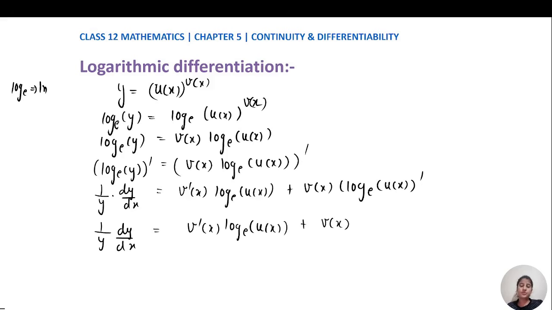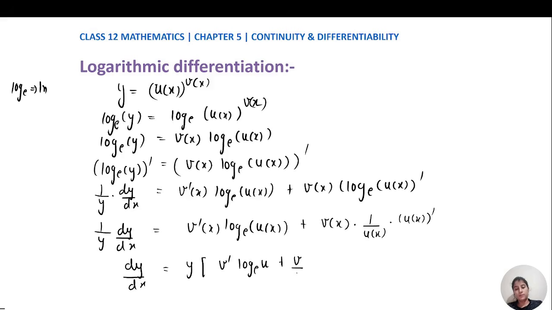Now differentiate by using the chain rule. With the chain rule, we first differentiate log u of x with respect to u itself, so this will be 1 upon u of x. Then the derivative of u of x with respect to x will be u dash of x. So what we get? Our dy by dx will be nothing but y multiplied by v dash log e of u plus v upon u dot u dash.